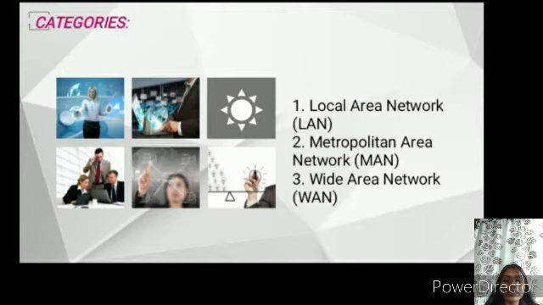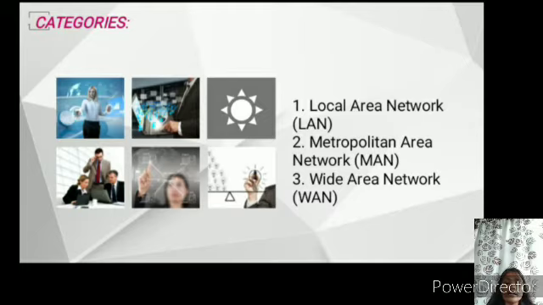Then second is Metropolitan Area Network, or MAN. A MAN is a network of computers that covers a large area like a city. The size of a MAN generally lies between LAN and WAN, typically covering a distance of 5 to 50 kilometers.